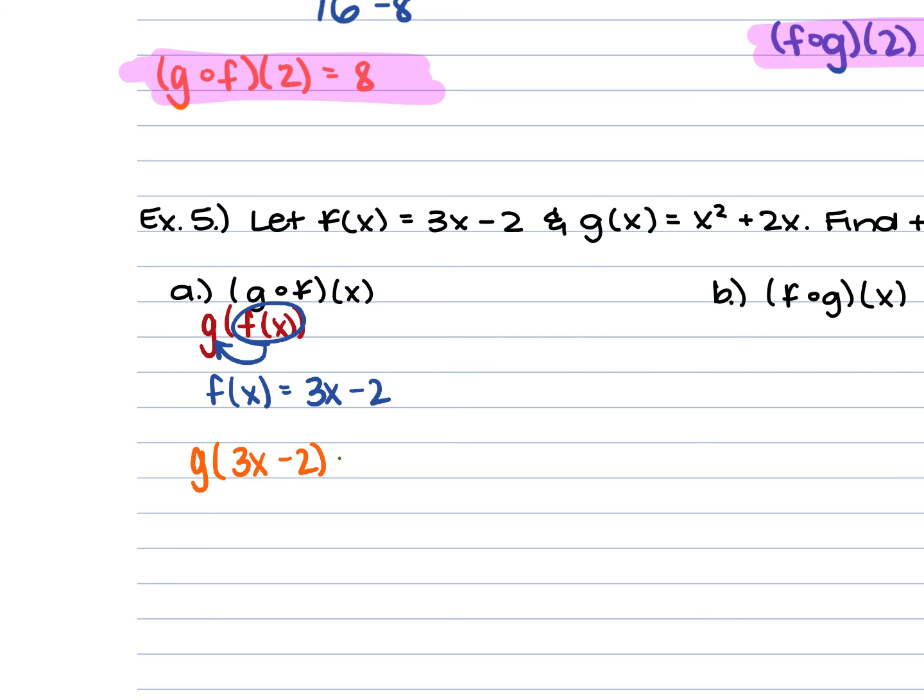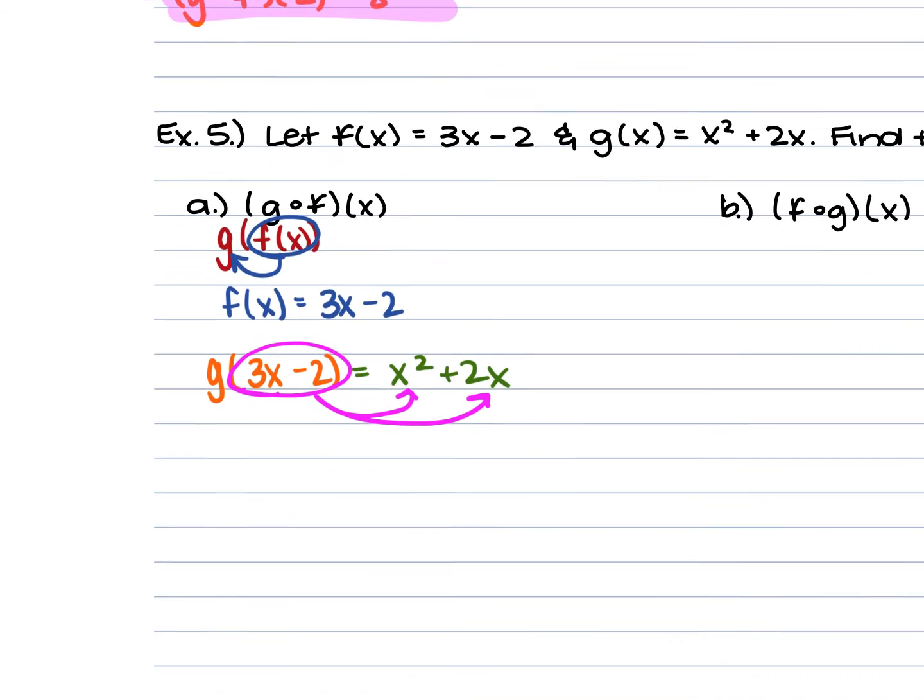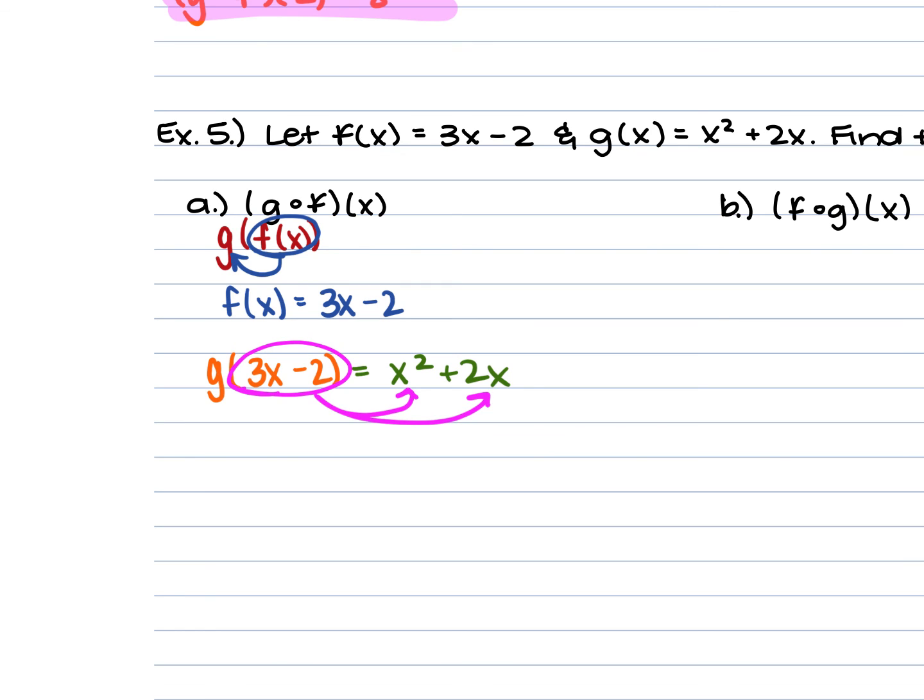So g of x is x squared plus 2x. If we plug this in for x wherever we see an x and simplify, we'll get the g of f of x. So g of f of x is going to equal (3x minus 2) squared plus 2 times (3x minus 2).